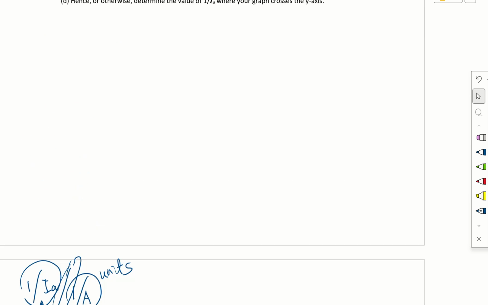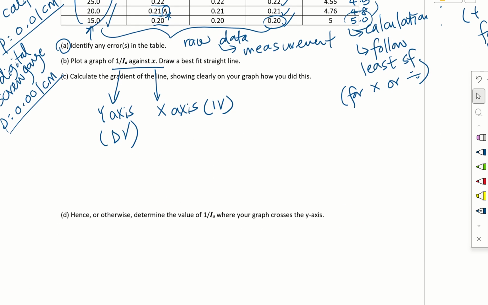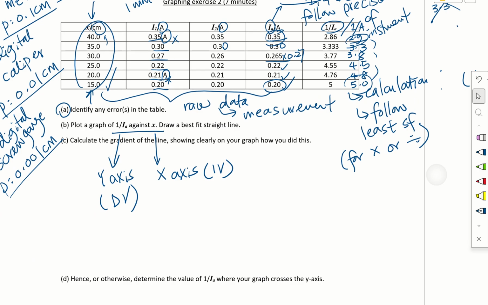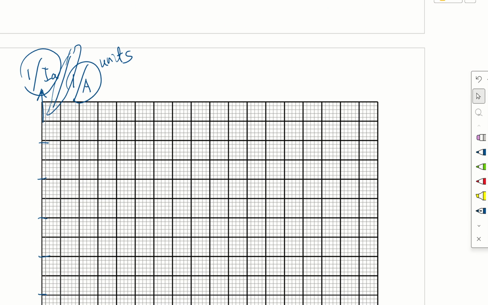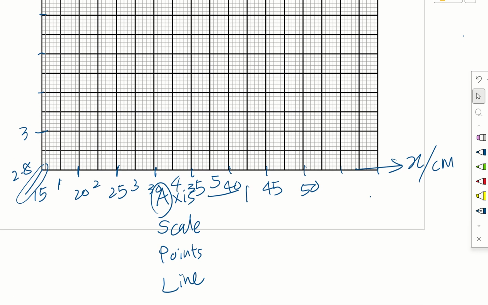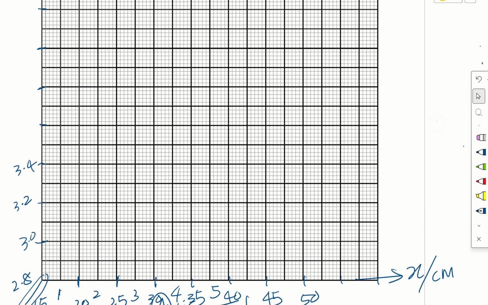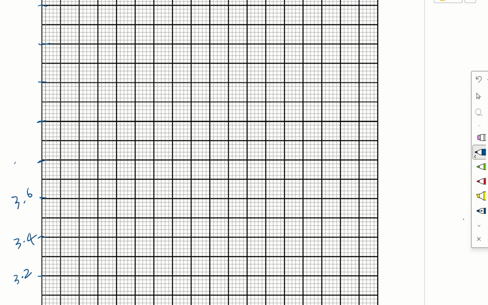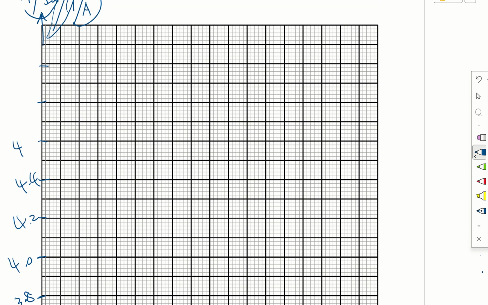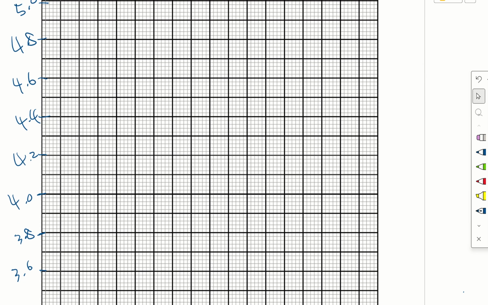Oh, just nice. Okay, so by doing multiples of 2, I can actually cover the whole range. If I start from 2.8, then with every interval of 0.2, I can fit in my graph very nicely. So everything will be covered.